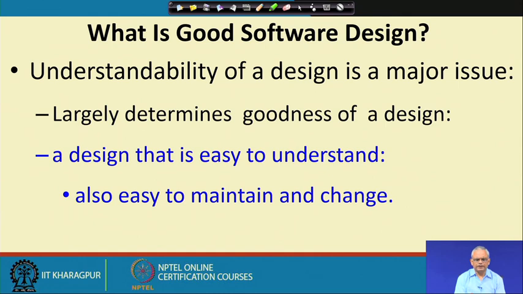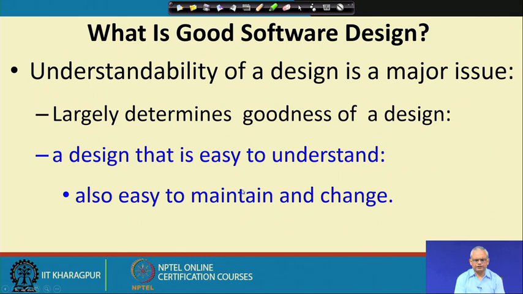The main reason why understandability of a design is a major issue is that unless somebody is able to understand the design, you cannot write code for it. It also becomes very difficult later to maintain the design, because for the maintainers to understand the design would be very difficult, and they would not know where to change or what to change.